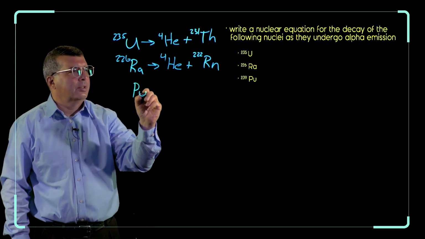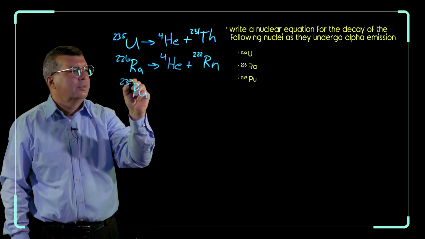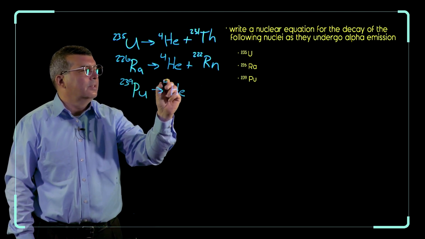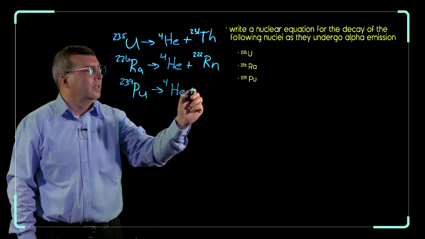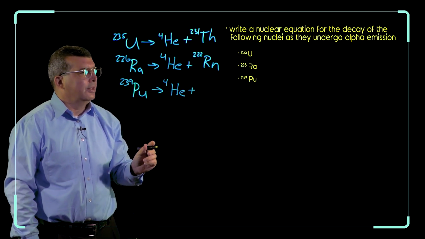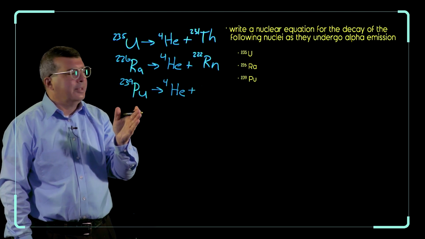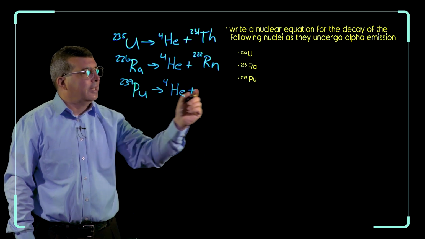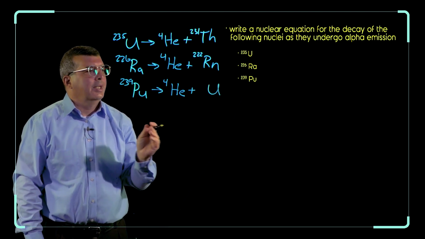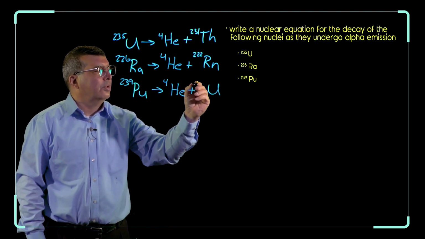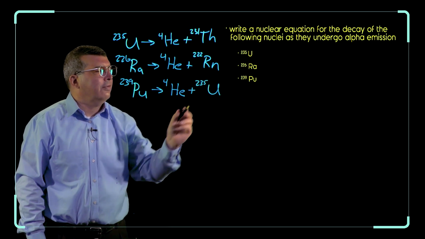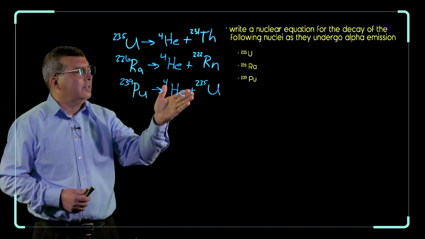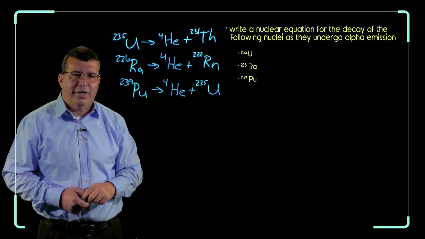Plutonium-239 alpha decays and becomes, plutonium is element 94, consulting our periodic table, element 92, which is actually our uranium. And 239 minus 4 is 235. So plutonium 239 alpha decays into uranium-235.